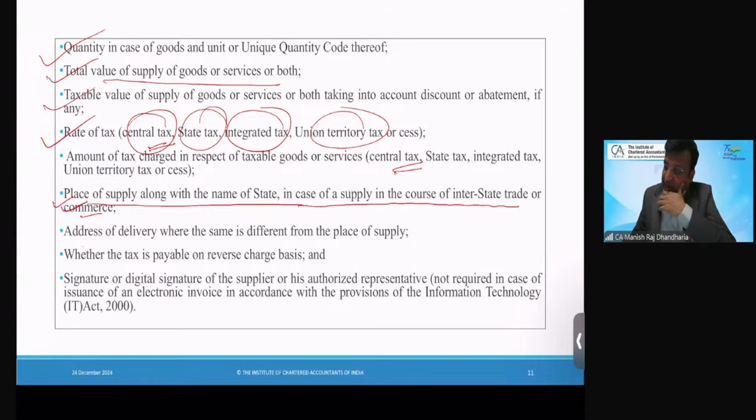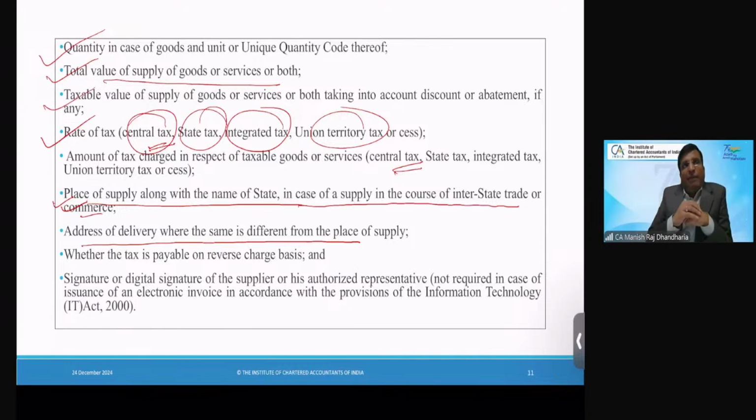Then address of delivery, which is different from place of supply. In many cases, what happens, place of supply is different and address of delivery is different. Okay.